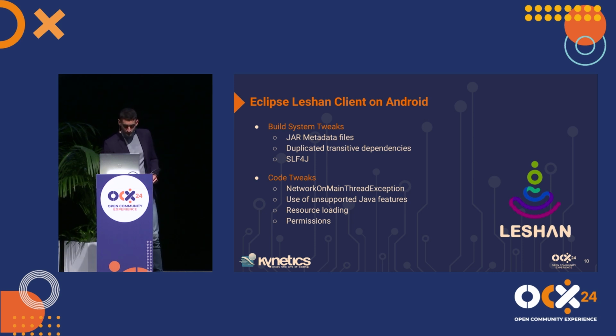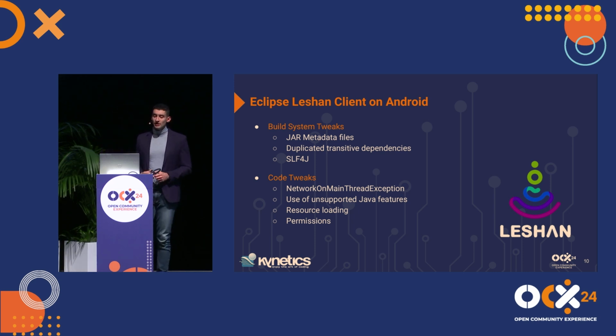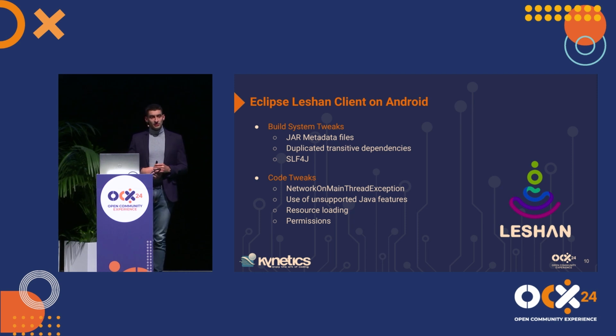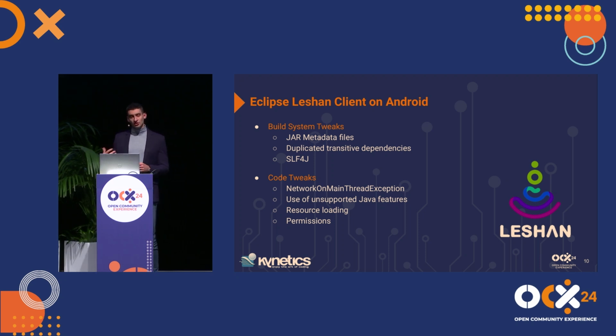Other differences are about the jar metadata. For example, Maven automatically merges all the jar metadata files, licenses, manifests, whereas Gradle, once again, forces us to manually exclude or mitigate the conflicts.